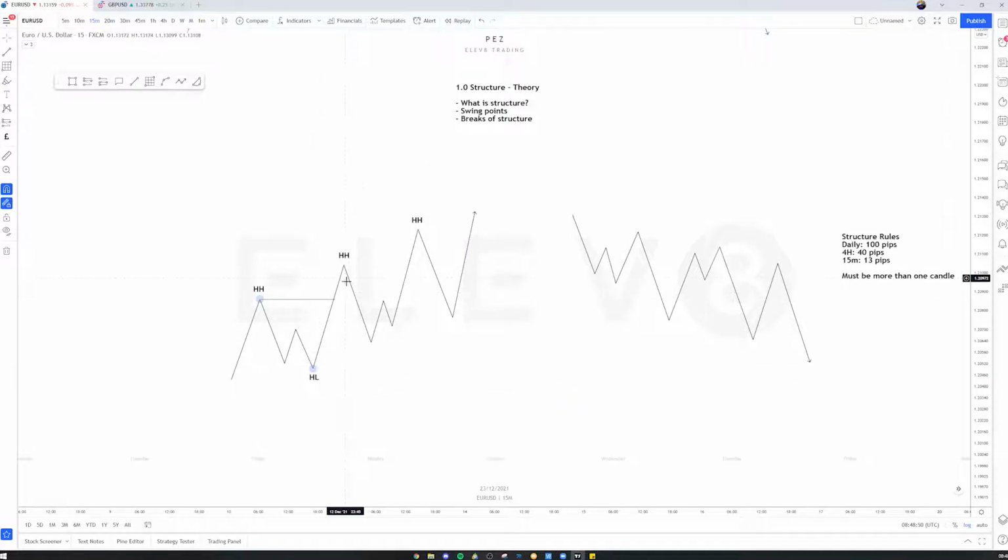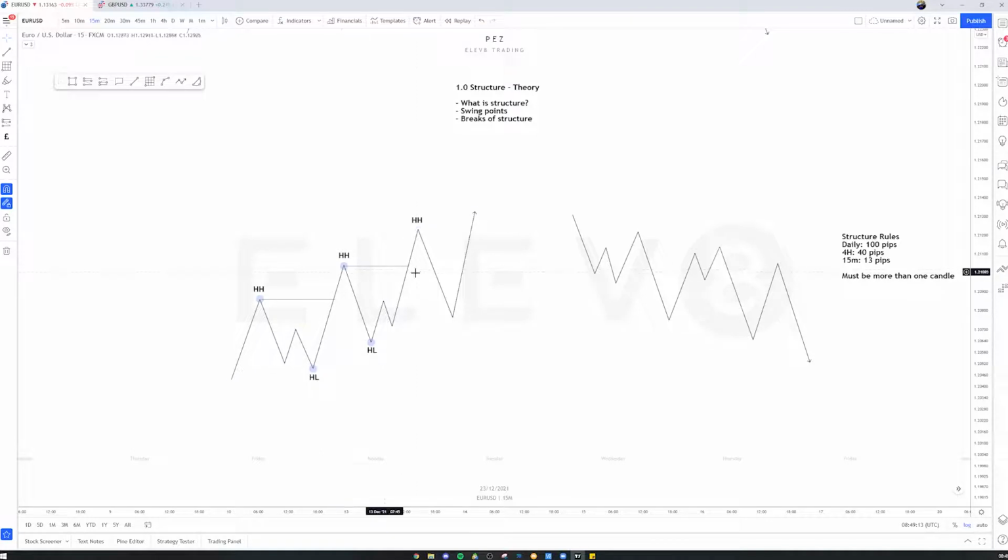It's the same again: we come down here, create a higher high through the pullback. We then push up, come down, and then we get our break of structure, breaking this higher high. We mark on our swing point, and then we choose a low. It's this one here, and we can drag this over.